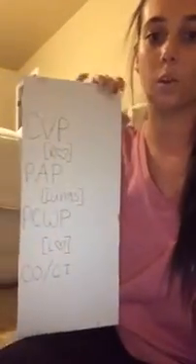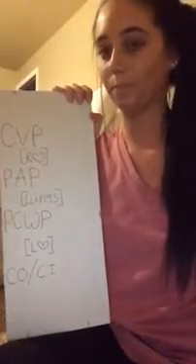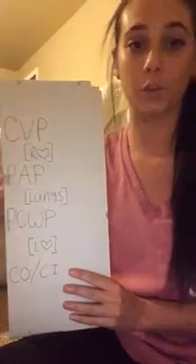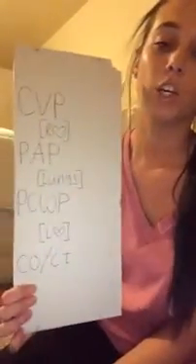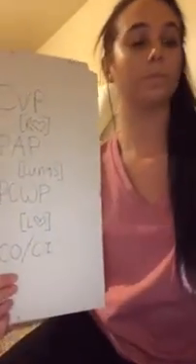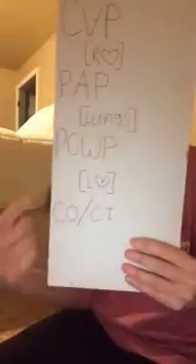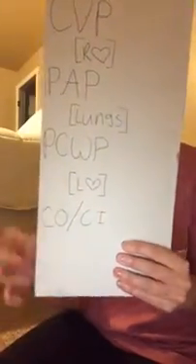So this is just like a little review, and it's going to help distinguish after you learn your normal values, you're going to realize which ones are abnormal, and you're going to be able to see where the problem would lie. Once you determine where the problem would lie, you would be able to see what disease would be causing these abnormal values.